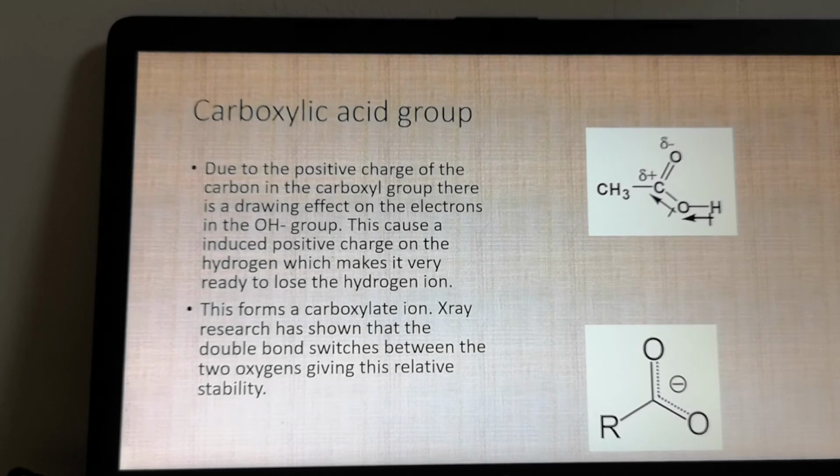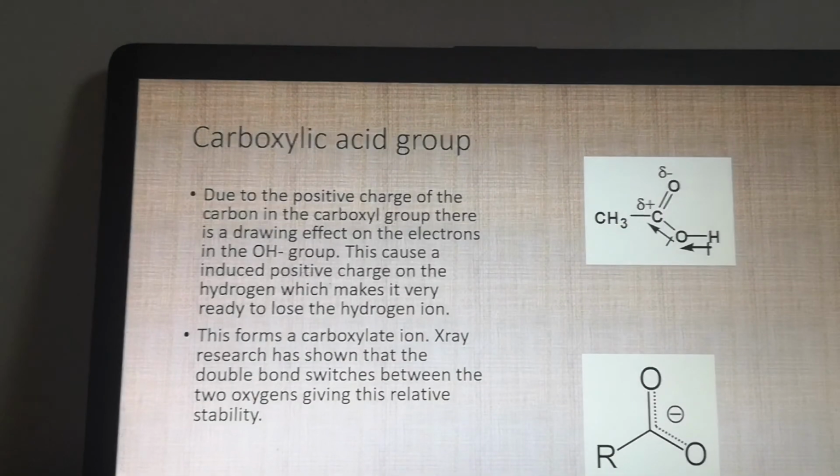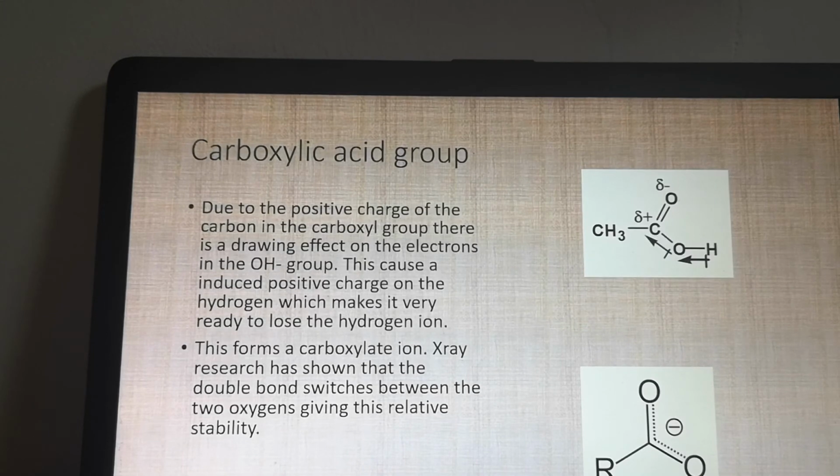Right, the carboxylic group. I want to talk about this and really talk about the carboxylate ion. Sorry, that's because I tapped the table again and I am balancing my phone so that it can look at the screen.